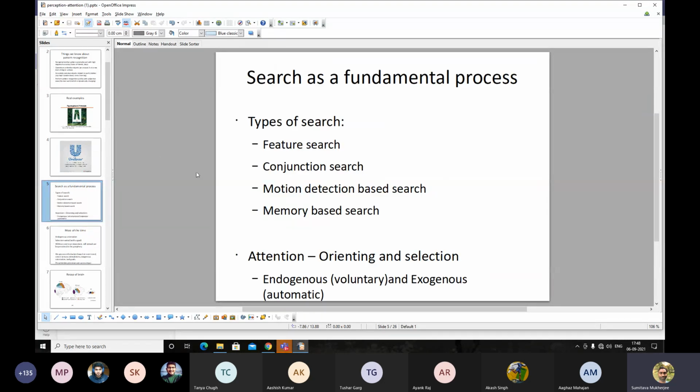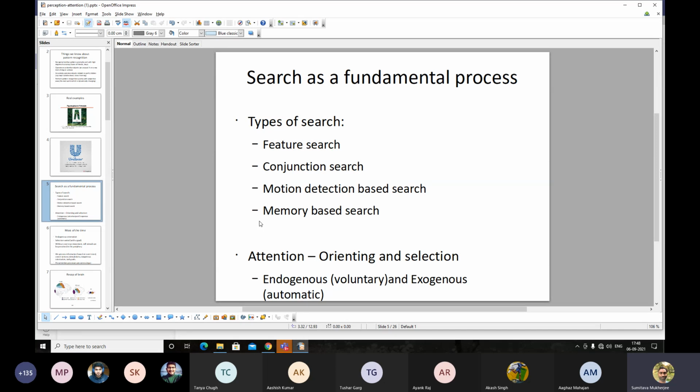Now, to go to attention, I think there are one or two at max fundamental processes. The first fundamental process is search. There are different kinds of search you could do, and a couple of them I will show. You can search for features, multiple features instead of one feature.